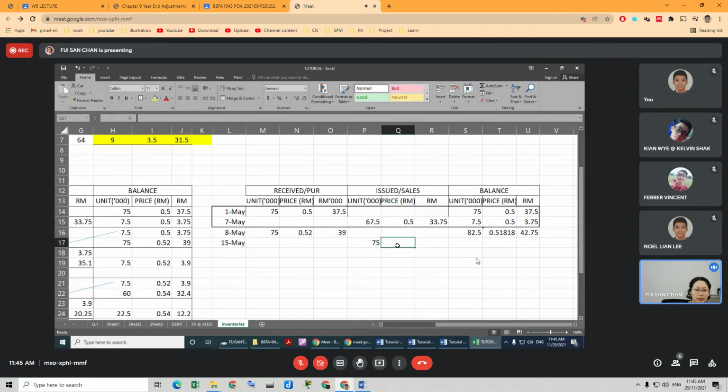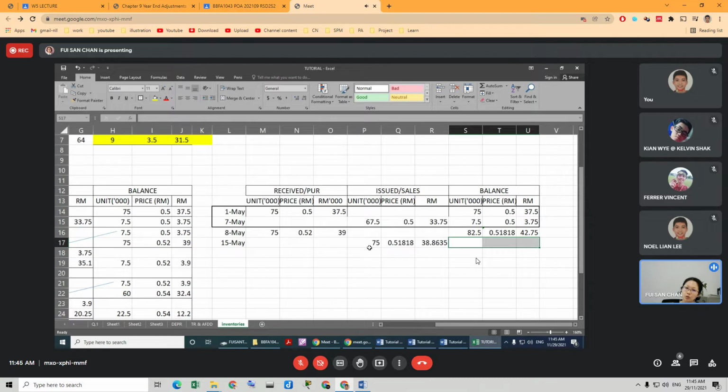So my latest price will be this line, correct? So how much is this? I calculate this one times this one. So this is the value. Then how much is the remaining?